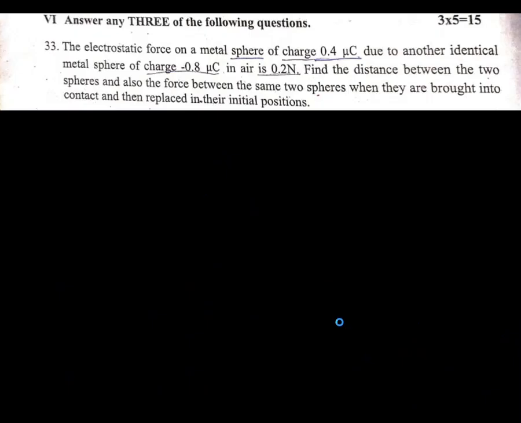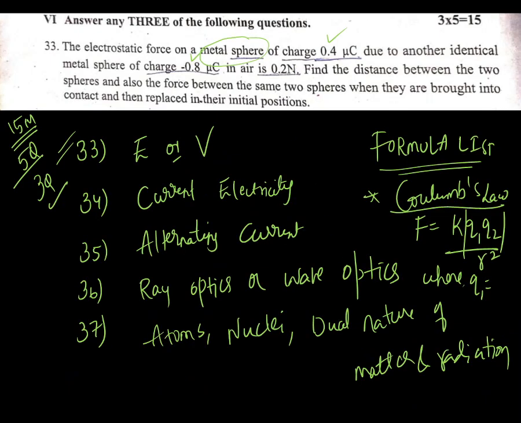That's not enough, because in the second part of the question they are asking about when they are brought into contact. Now the concept comes into the picture. The same spheres with the same charges, you are bringing them in contact with each other.